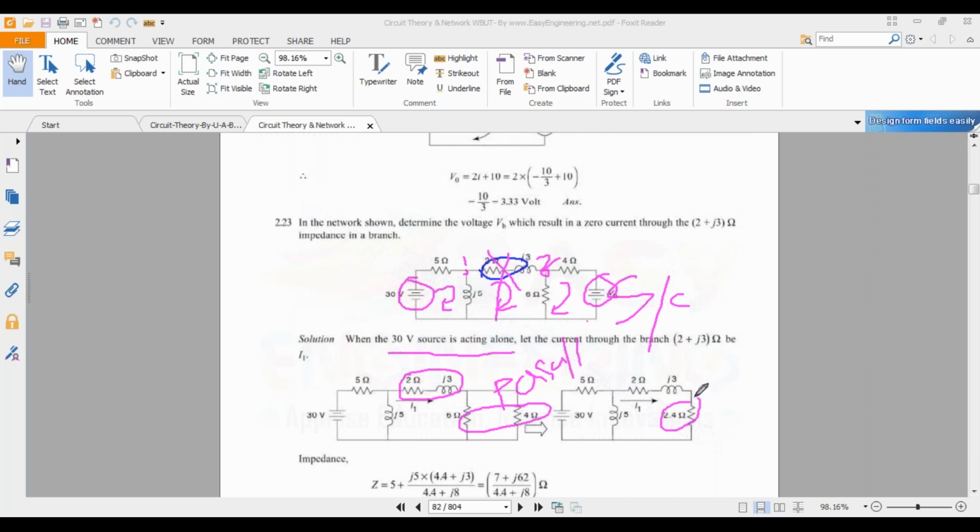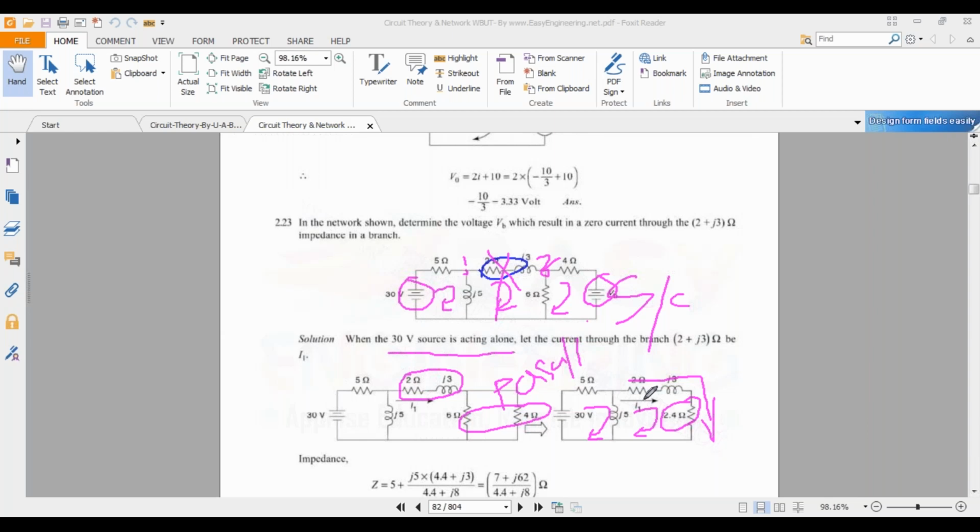So you can calculate the current passing through this series branch now. By simply applying the current division technique, you can find the current passing through this branch. Or else I can apply KVL for loop 1 and loop 2, and you can calculate the second loop current I2 here.